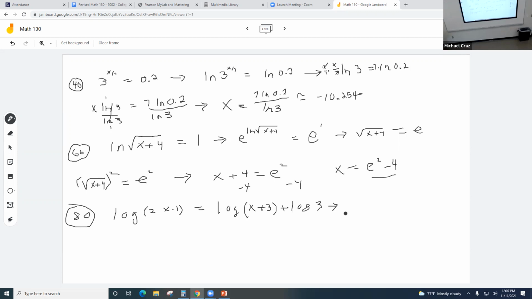So what we got is log of 2x minus 1 is equal to log of 3 times x plus 3. So that's going to mean log of 2x minus 1, and I'm just going to run that 3 through.